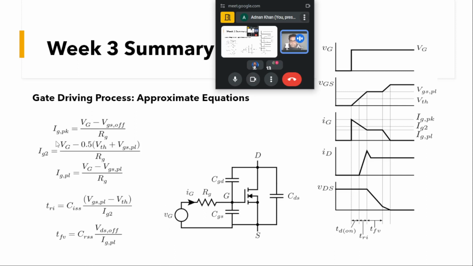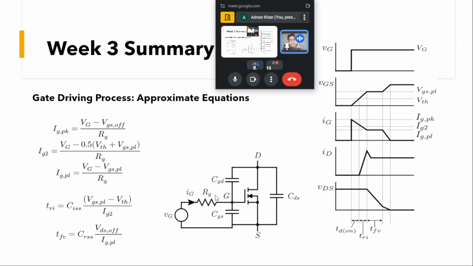We saw that IG peak will flow at the time of the start, when we apply this VG voltage. Let us say that initially there was a zero voltage here. So the peak, with VG off being 0, will be VG divided by RG, what we had put as RG here.